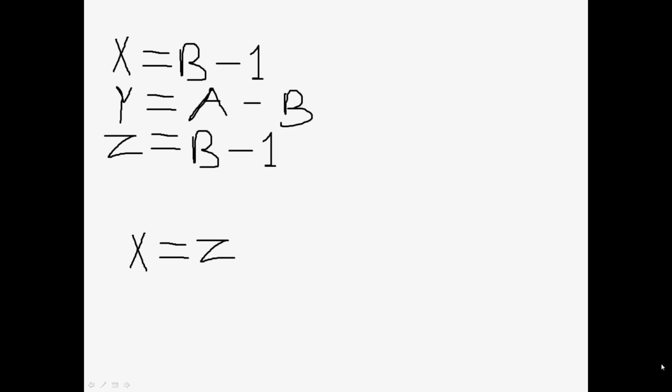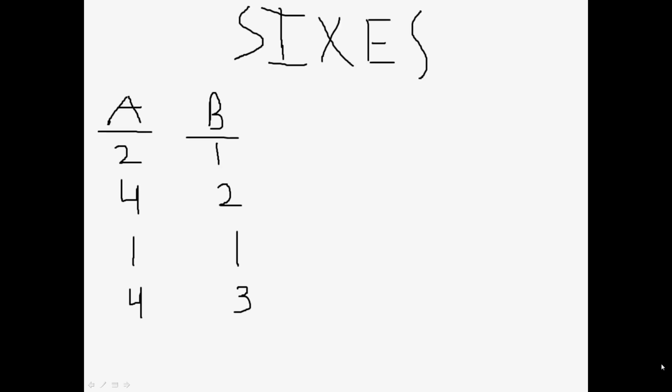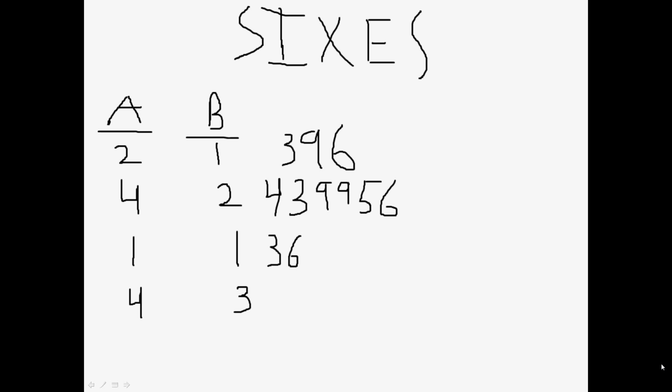One thing that might be frustrating to you is that I can't prove it. Sorry. Anyway, for 6's, using the same table of values, you get 396 as 66 times 6, and then 6,666 times 66 is 439956, 36, and 4439556.